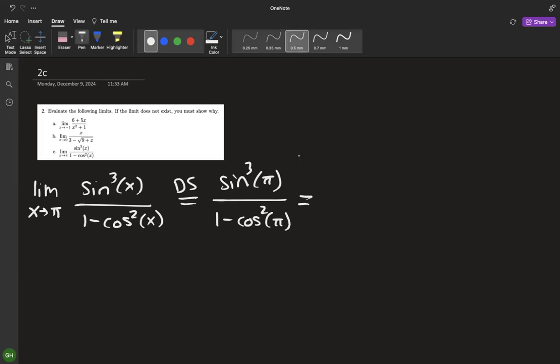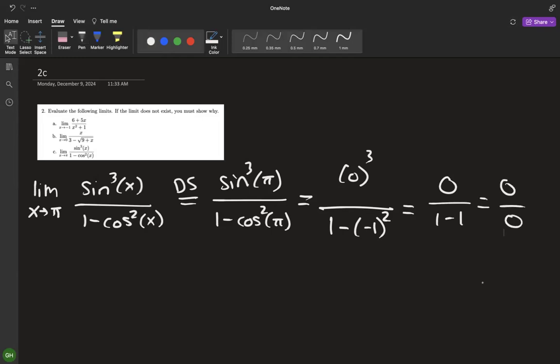So again, we have to know our pi over 2's of the unit circle. Sine of pi is 0, and cosine of pi is negative 1. So I get 0 over 1 minus 1, which is 0 over 0. Okay, so this means that more work needs to be done.